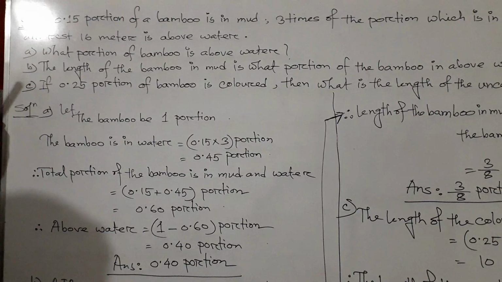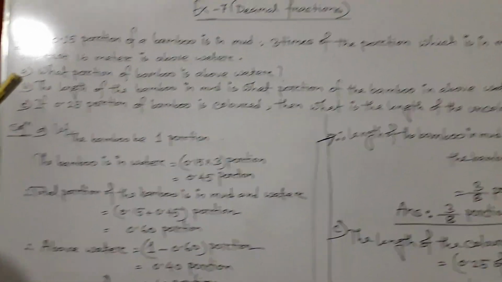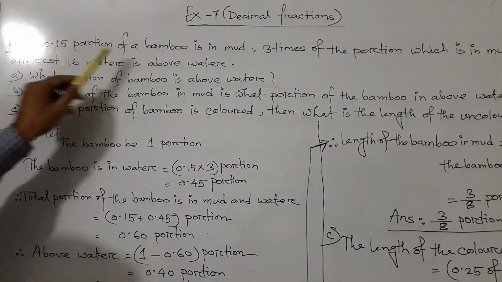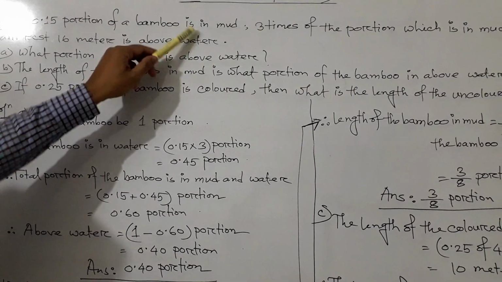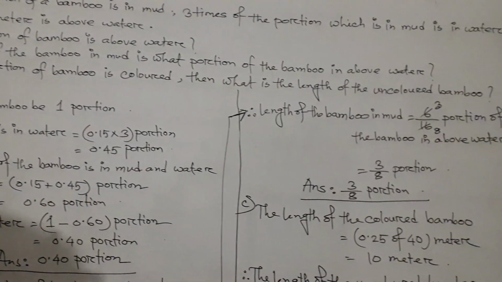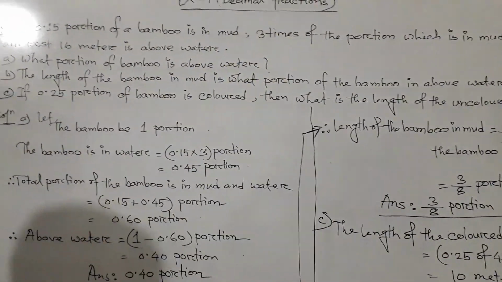Now we solve the first question, that is, what portion of the bamboo is above water. Now the given conditions: 0.15 portion is in mud and 3 times the portion which is in mud, that is 0.15 multiplied by 3, is in water.